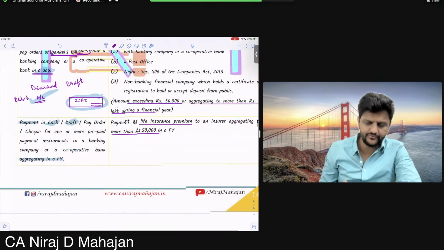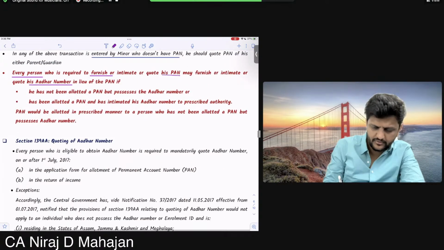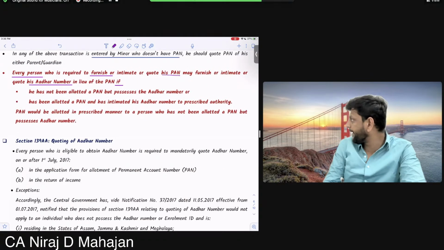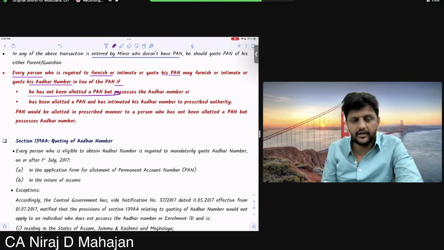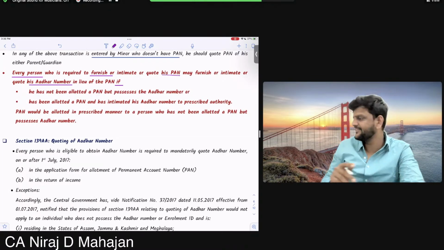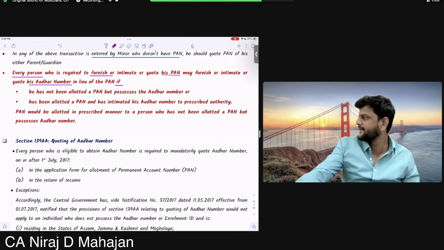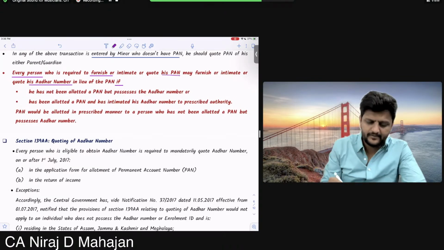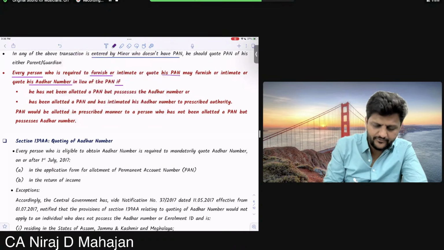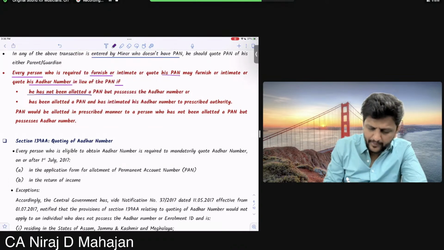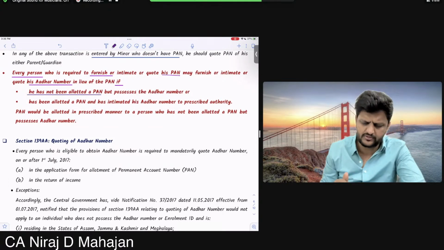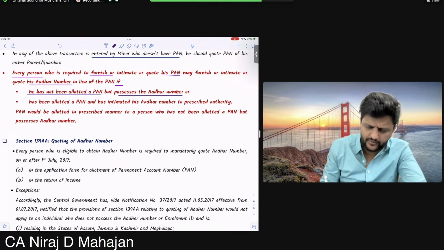If he has not been allotted a PAN. Brother, he scared me. If he has not been allotted a PAN, who? The person, whoever it is, but has an Aadhaar.